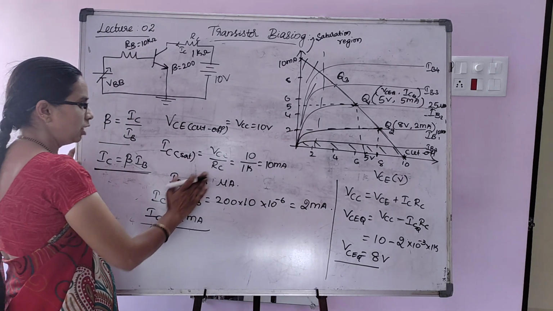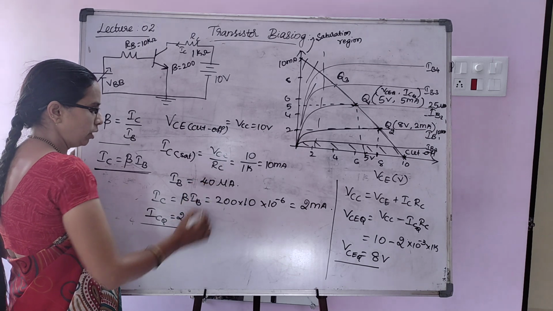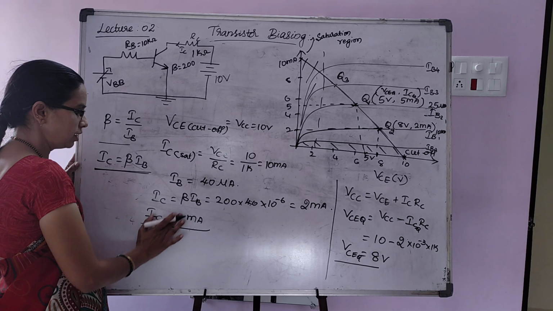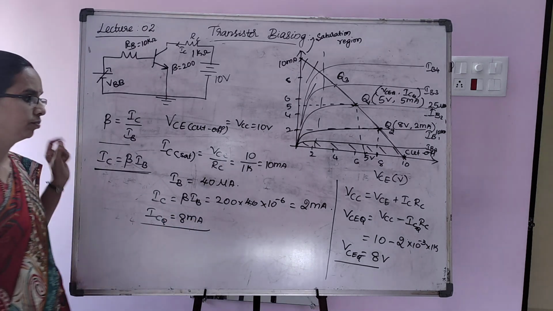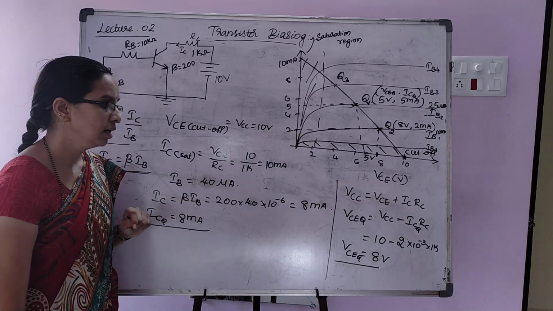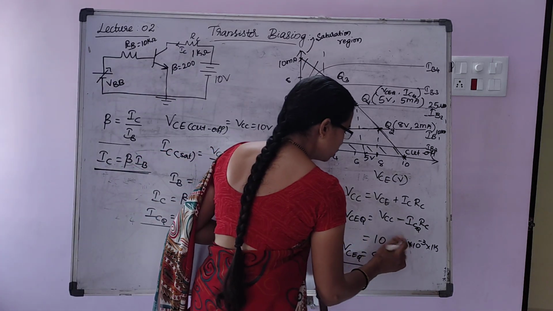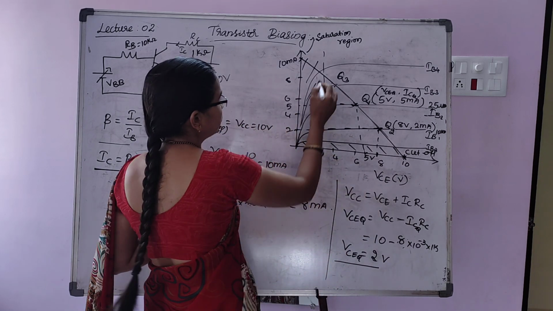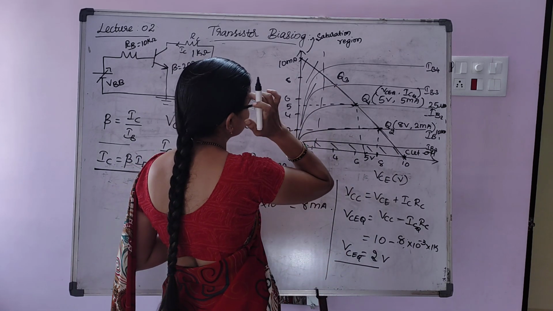If I change the IB value to some 40 microamperes, it is 8 milliamperes. Calculate it. It will be 8 milliamperes, and if I substitute ICQ value 8 milliamperes, then it will be 2 volt. That will come somewhere around here.